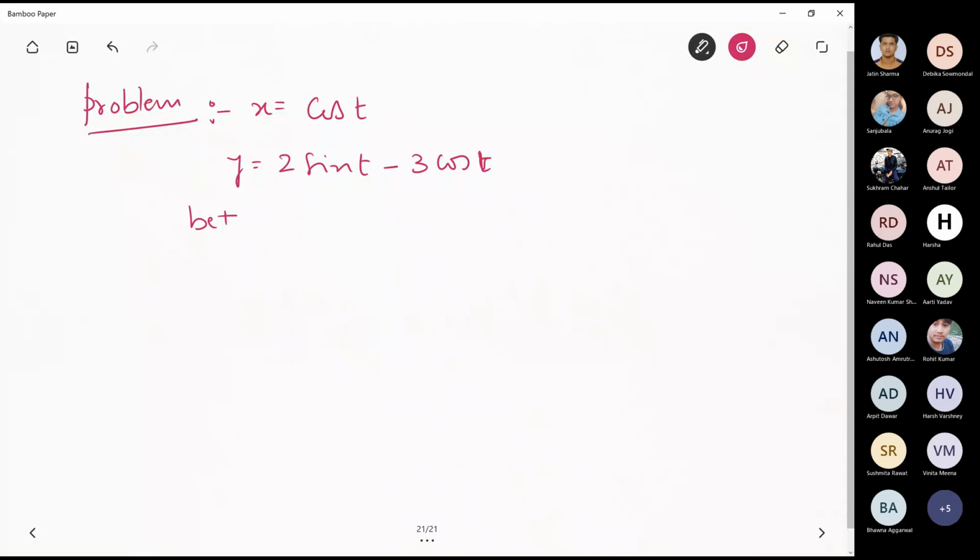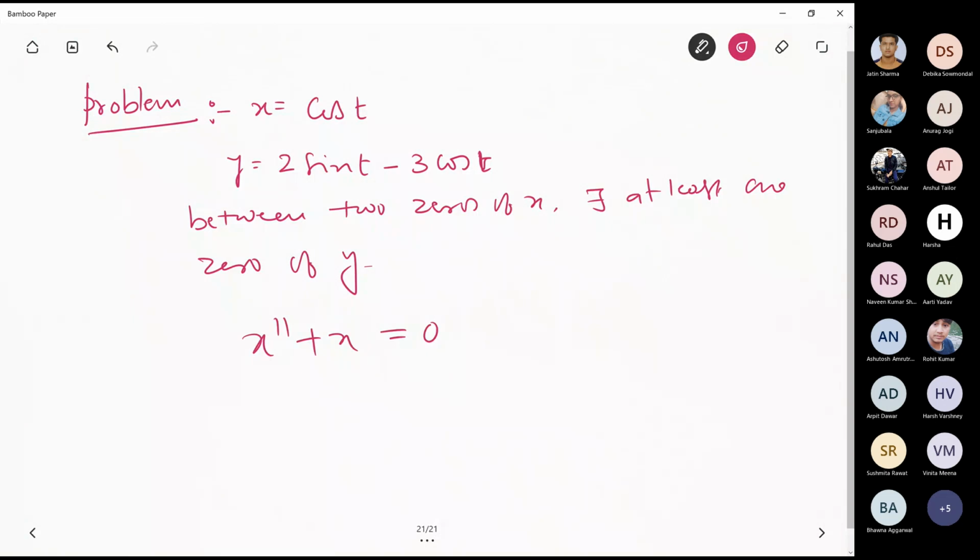Between two zeros of x, there exists at least one zero of y. Why is that? That is because these functions sin t, cos t are all solutions of x double prime plus x equals to 0.